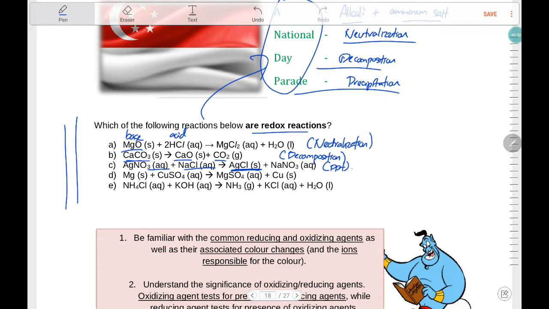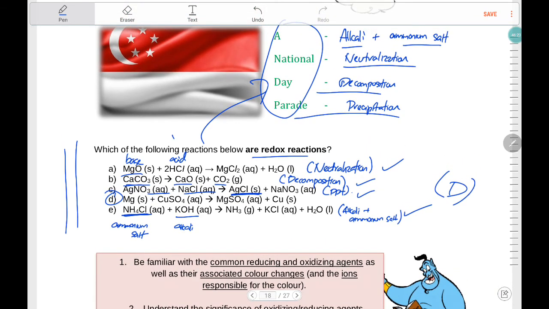What about for E? This is my ammonium salt. This is my alkali or my base. So this is my A in the National Day Parade, alkali plus ammonium salt. So these four represent the National Day Parade, so they are not redox. D is the only one that is not inside the National Day Parade. So D is the answer.